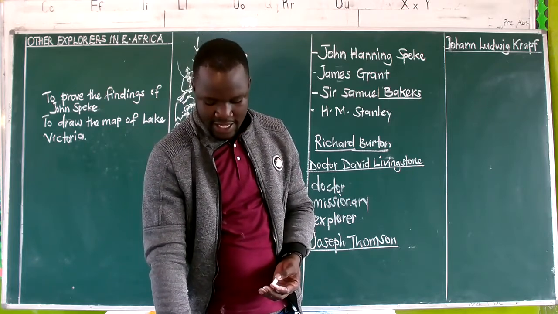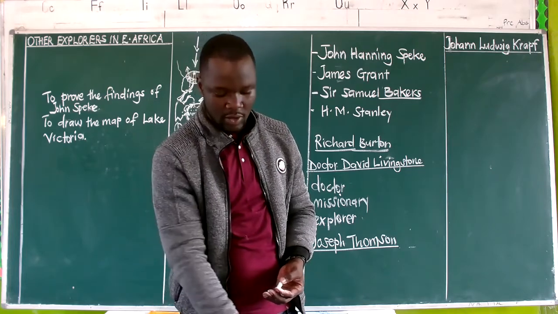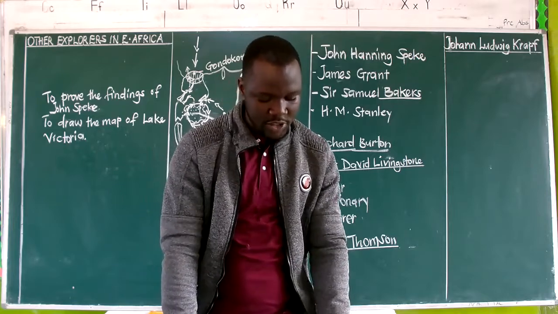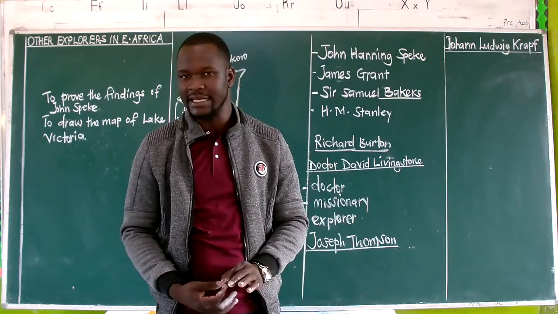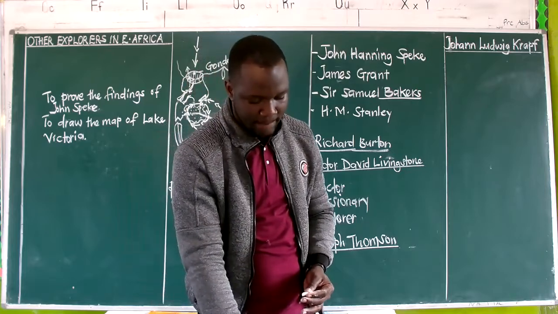He also built what we call Rabai Mpia, that is the first mission. He established the first mission in East Africa, that is the mission station for praying, at Rabai Mpia.